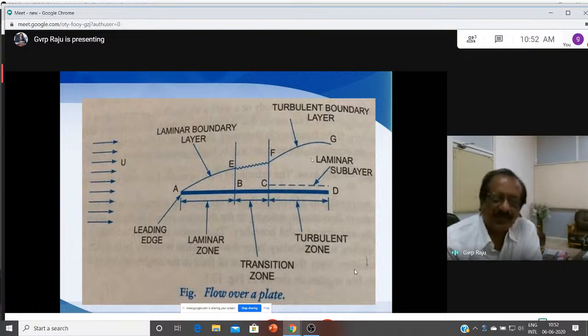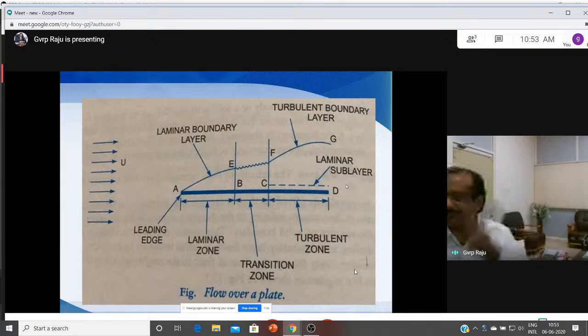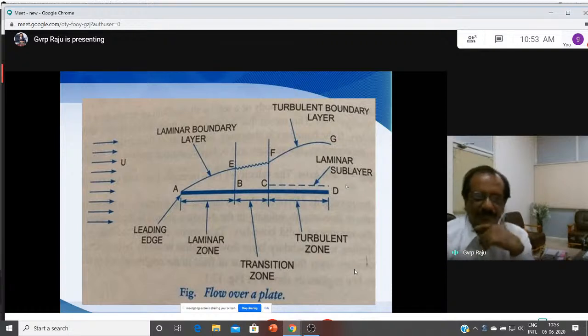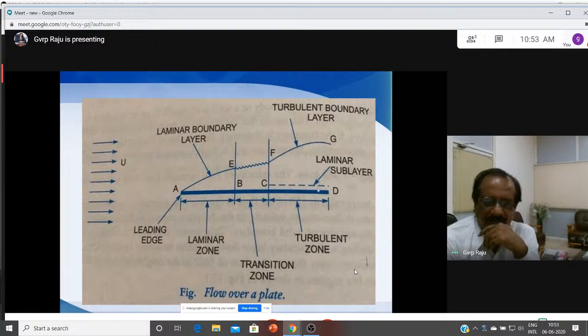Even in the turbulent boundary layer, there is a small layer very close to the solid plate, a laminar sublayer. What is meant by laminar sublayer? It is a layer which is formed adjacent to the flat plate in the turbulent boundary layer zone. Otherwise, it is a laminar boundary layer, not a laminar sublayer.